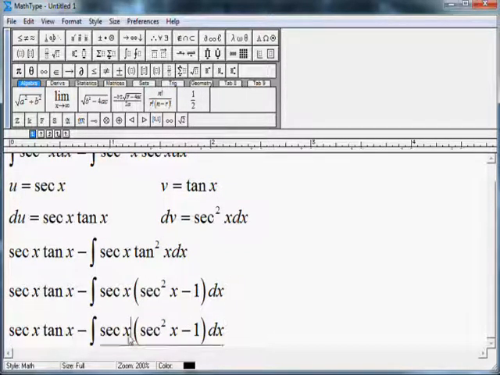I'm going to distribute the secant in. That's secant cubed, and then this is secant of x, and then I'll distribute this minus sign in as minus plus. Maybe I'll just write this in a neater way, because I'm neurotic. There.